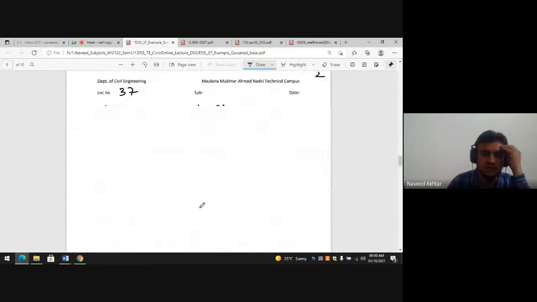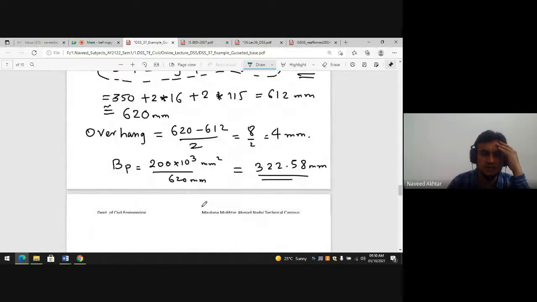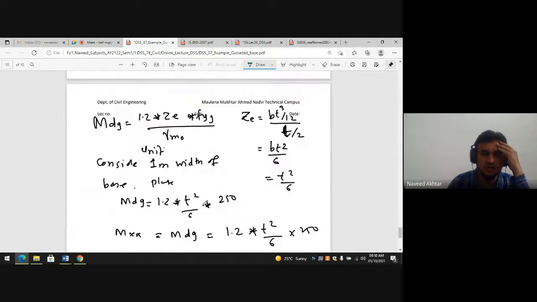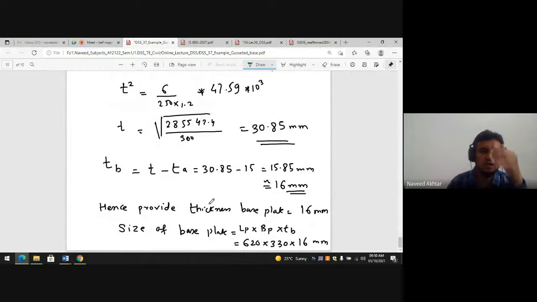All the steps are completed up to finding the size of the plate. After that you have to design the connection: the connection of the column with the gusset plate and gusset angle, and the connection of the gusset angle with the base plate, and then the design will be complete.